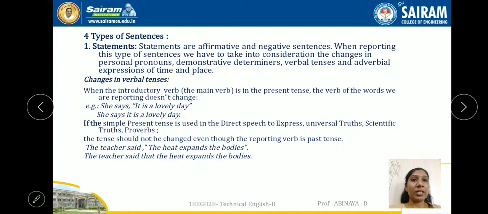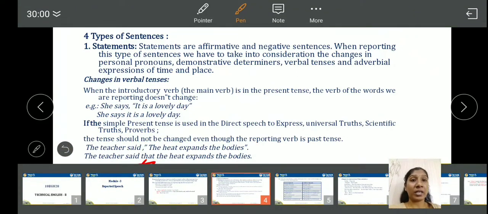For example, if the simple present tense is used in the direct speech to express a universal truth, scientific truth or proverb, the tense should not be changed. The teacher said, so it can be in present or past tense, but if you are going to quote a universal action, you should not change the verb of the reporting sentence, right?